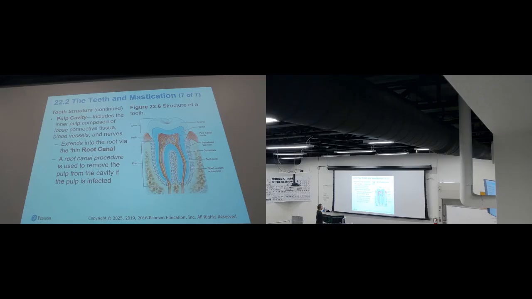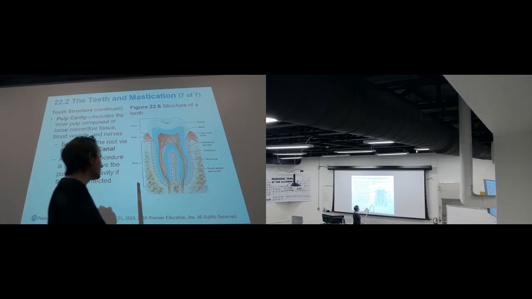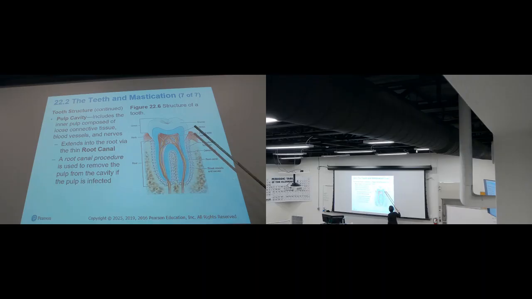So here is the structure of a tooth. This is a sagittal section. So this is the crown, this is the root. This is the actual anatomical crown because it's covered by enamel. This is the dentin, and this is the pulp.